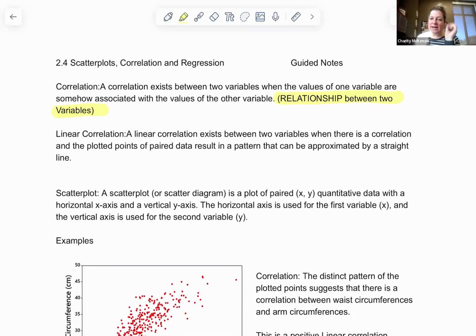We cannot say a bigger waist causes a bigger arm. We can say there's a relationship: if you have a bigger waist, your arm is typically bigger. We all know some dudes that can lift and their waist is little and their arms are huge. So you're not saying one causes the other, that it always is there. It's just a relationship.